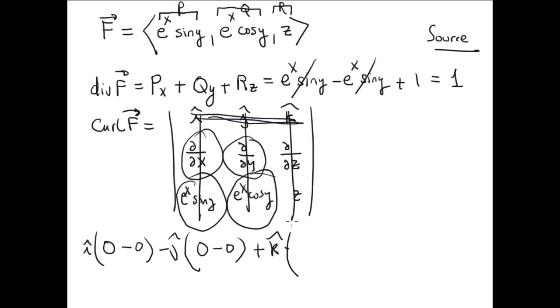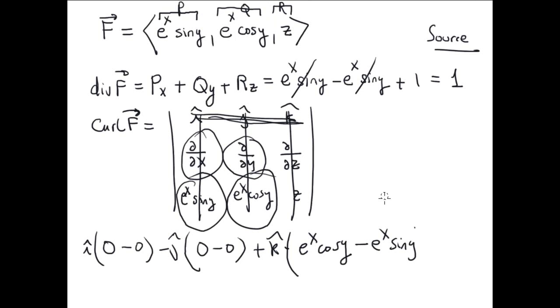Okay, then parentheses. Partial derivative of this with respect to X is e to the X cosine Y minus, and the derivative of this with respect to Y, derivative of sine is cosine, positive cosine, no? But we have a minus, so e to the X cosine Y, because the derivative of sine with respect to Y is cosine.